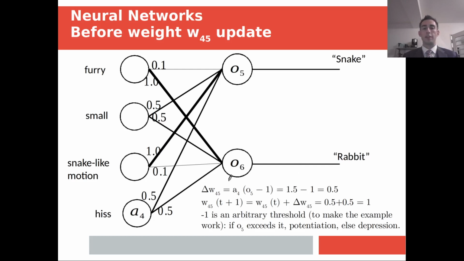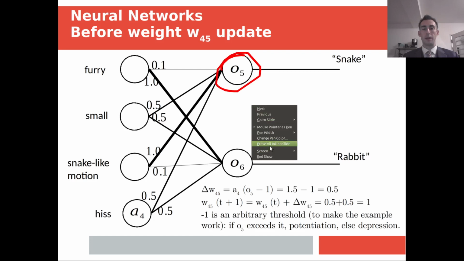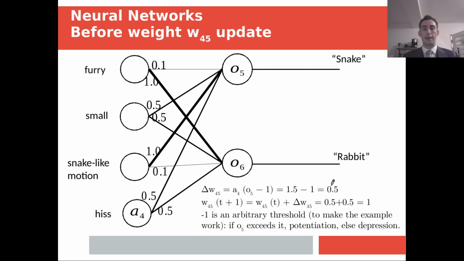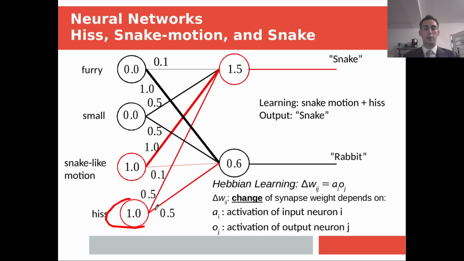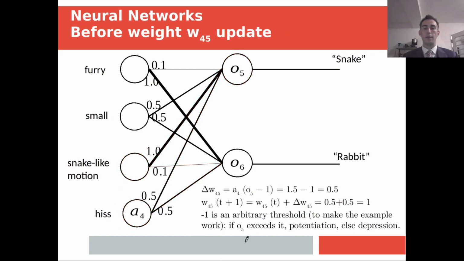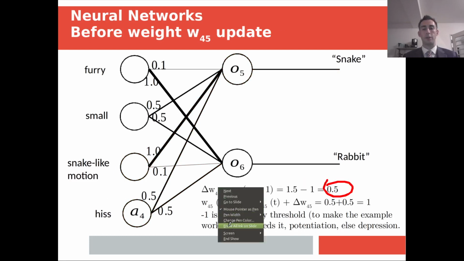So the change in weight is going to be A4 times 1.5 minus 1, because the activation of snake was 1.5, remember? And the activation of A4 was 1.0, so it's just 1. So the output is 0.5. The change in weight is positive 0.5.